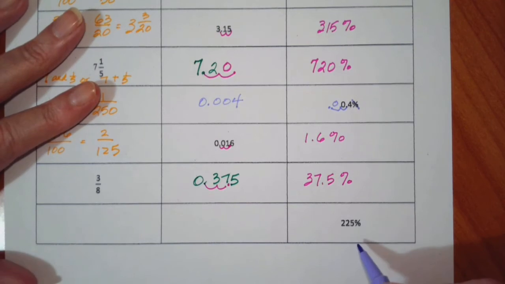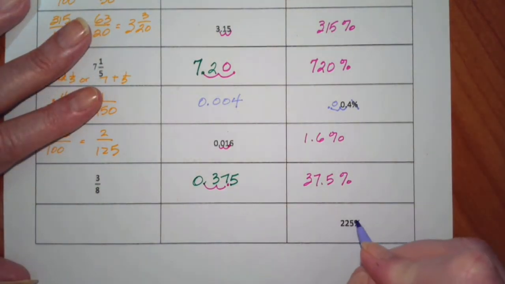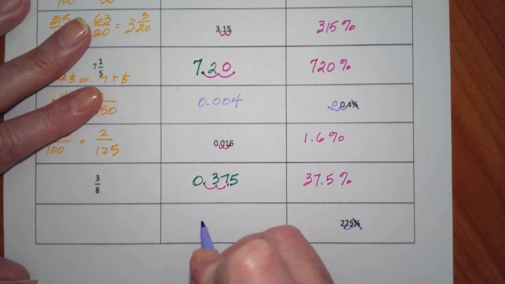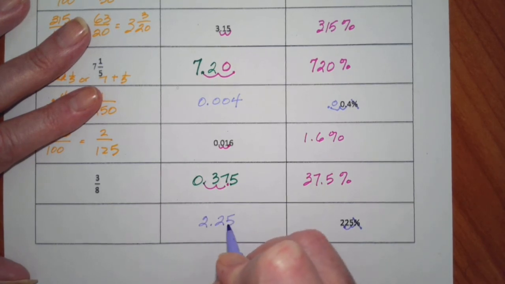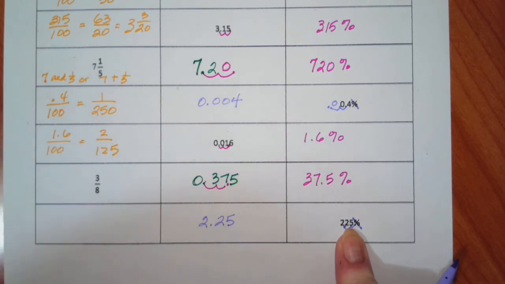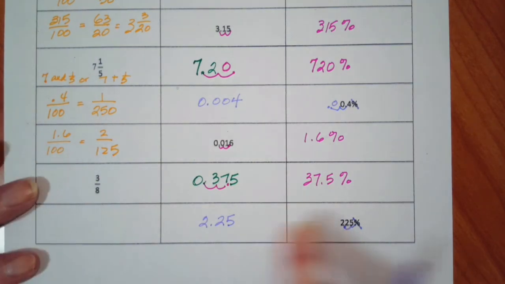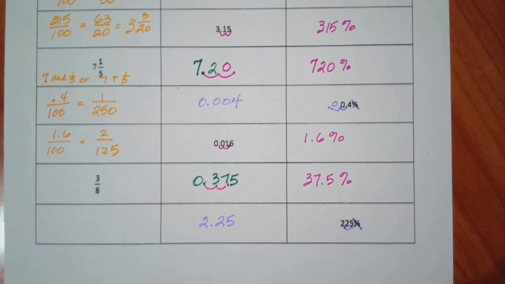If I start with 225%, again, get rid of this, 2 places to the left, that gives me 2.25. 225% is more than 100%, so this number should be larger than 2.